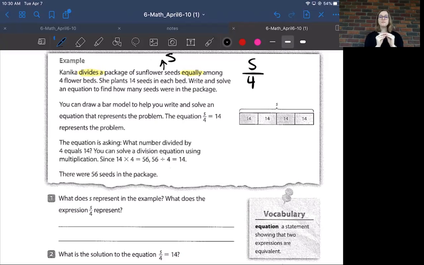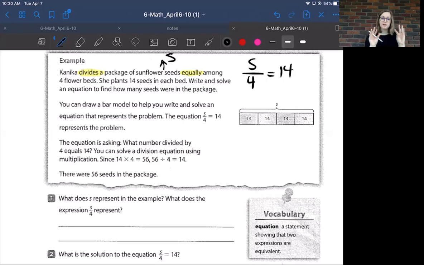So after she divides them equally, in each of those 4 flower beds, there are going to be 14 seeds. So that's how I write my equation. I'm thinking about the context, what's happening, maybe looking for keywords to tell me, second question, what does that mean mathematically? That way I can write out my equation.